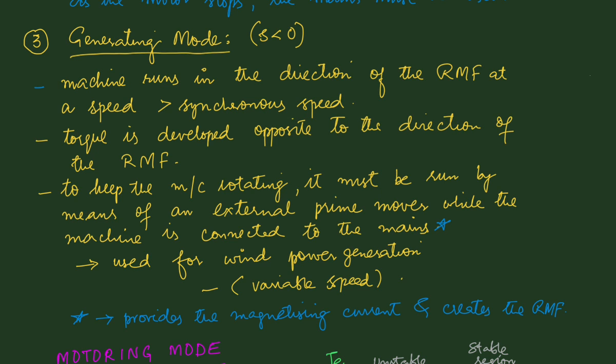This is because the wind speed is fluctuating, and the rotor speed will also therefore be changing with the changing wind speed. And if we use a synchronous generator instead of an induction generator, it will generate power at variable frequencies. But this is not the problem with the induction generators.